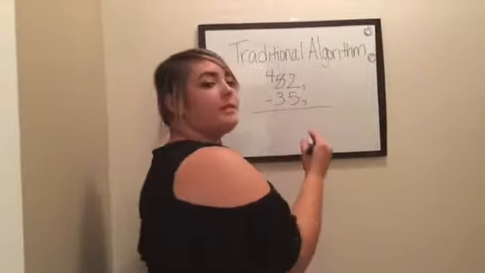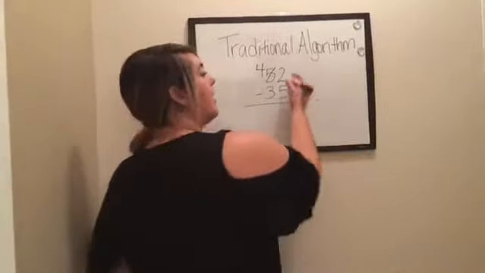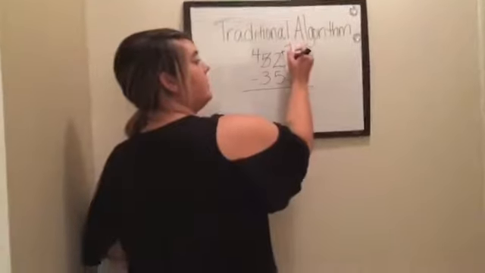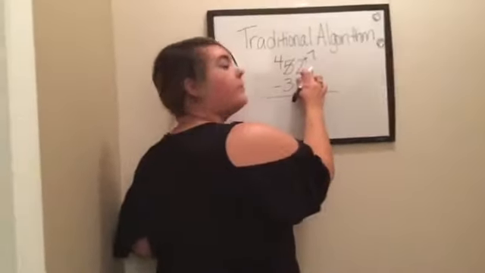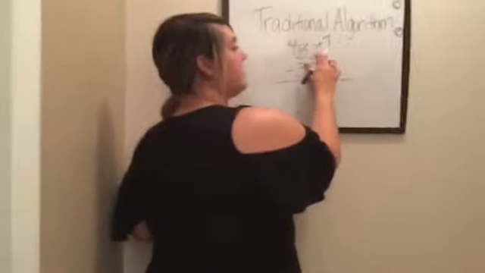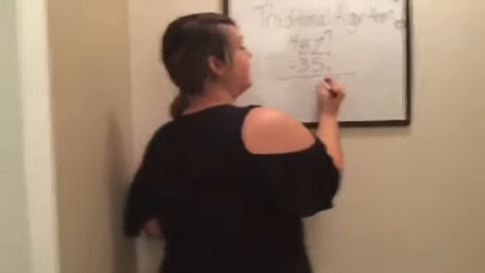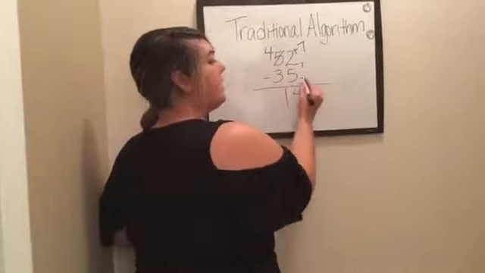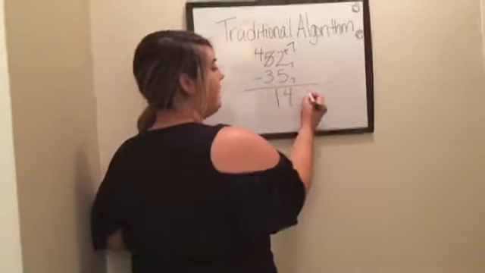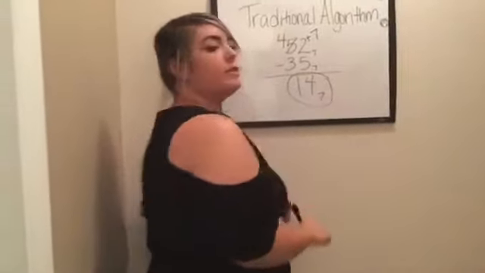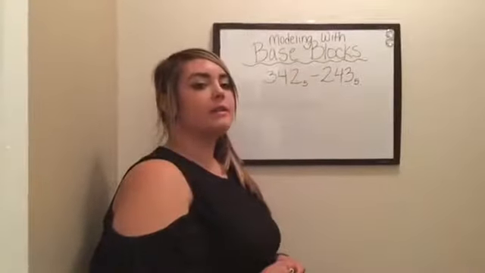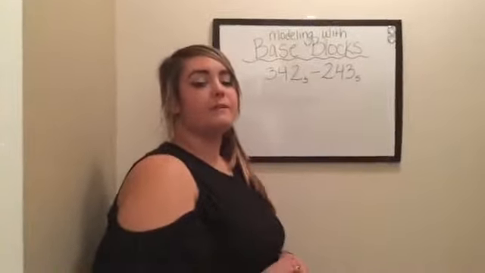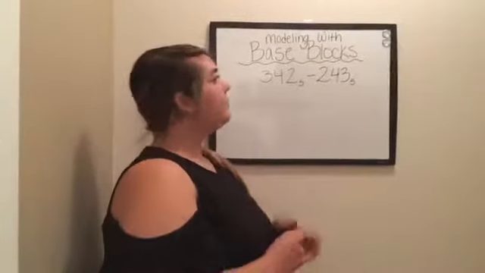But since we're in base 7 instead of 10, we're adding 7 to this 2. 7 plus 2 is 9, minus 5 is 4. 4 minus 3 is 1, and don't forget, base 7. And there's your answer.